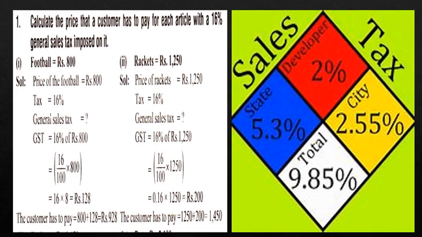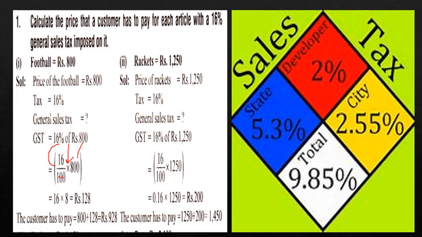General sale tax in short form we can say GST. 16% of rupees 800. 16% can be written as 16 divided by 100 of, multiplication, and we write the amount.